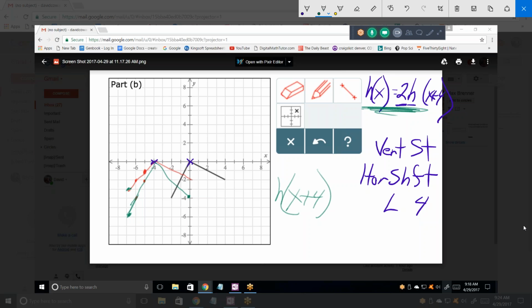And that way you'll always remember what it means if I do y equal 2x squared. Well, I know that y equal x squared is a parabola. What's the consequence of the 2?